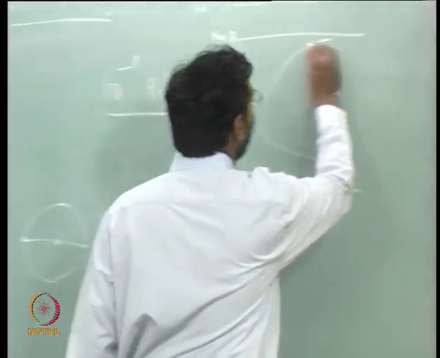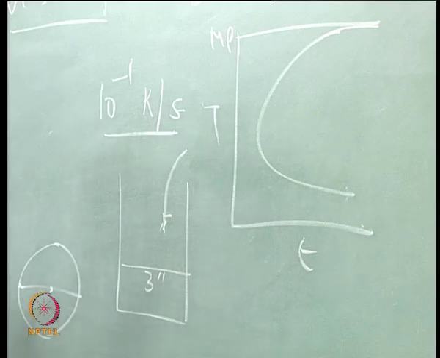So, you will have a TTT curve like this, where I can now talk about what is called the critical cooling rate, exactly the same way as I talk about critical cooling rate in austenite to martensite.